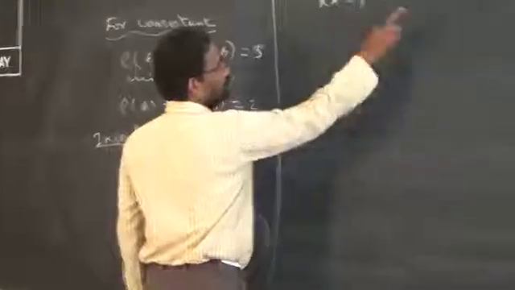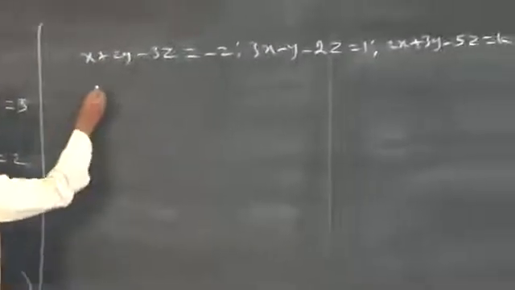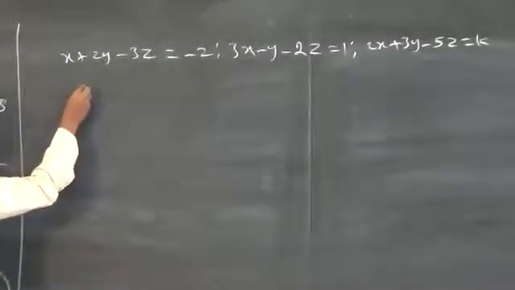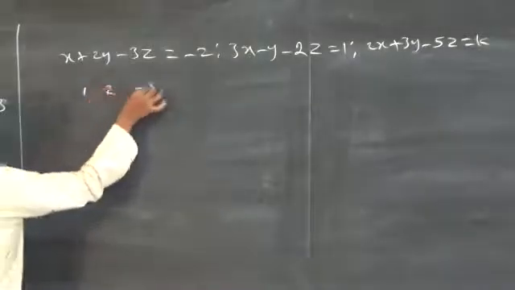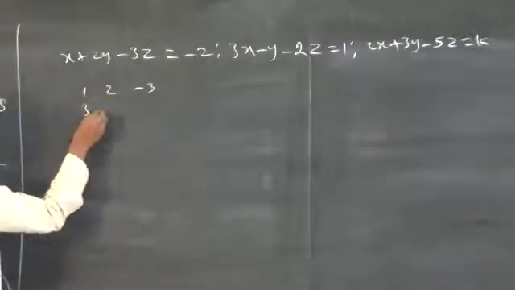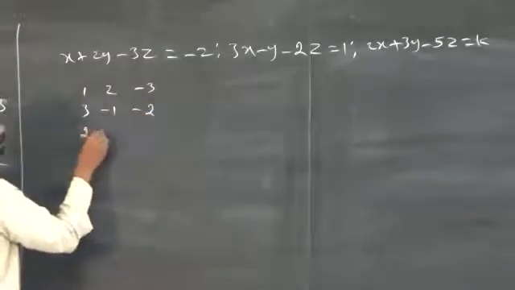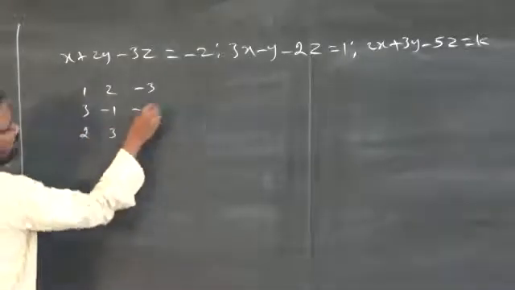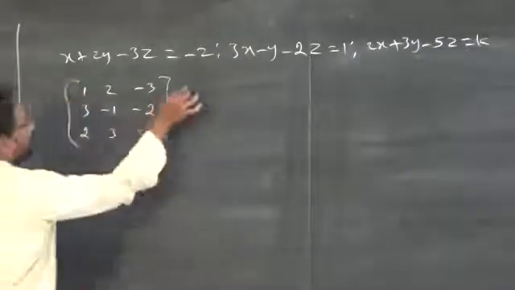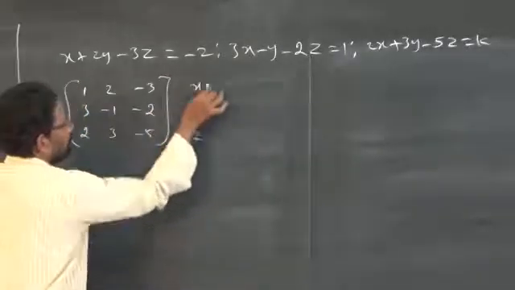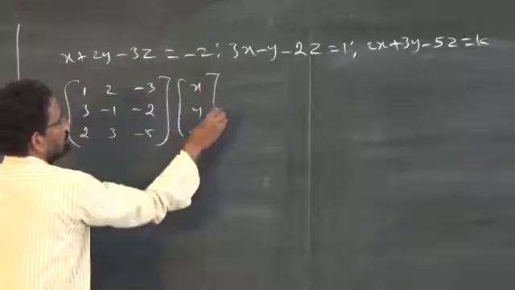Now, I am writing the equation in matrix format: 1, 2, minus 3, 3, minus 1, minus 2, 2, 3, minus 5. Three variables are x, y and z.